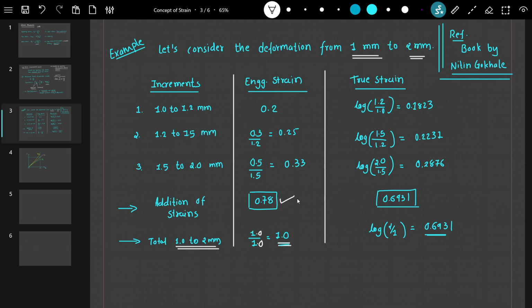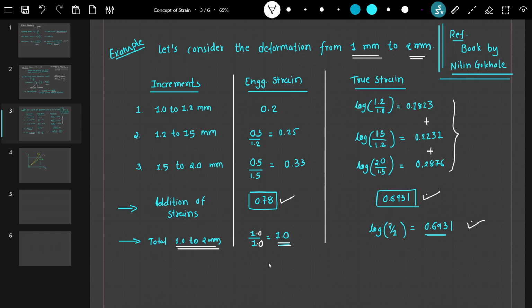On the contrary, if you look at the true strain, the logarithmic strain measure, we calculate it incrementally and add all three, and we get 0.6931. And when we calculate the true strain directly from 1 to 2 mm, we get log 2 by 1, which is 0.6931. So whether you calculate incrementally or directly, we get the same value of strain using the true strain or logarithmic strain measure.